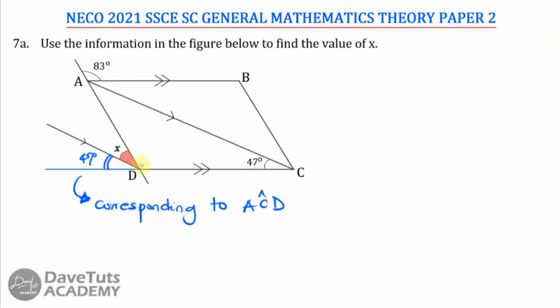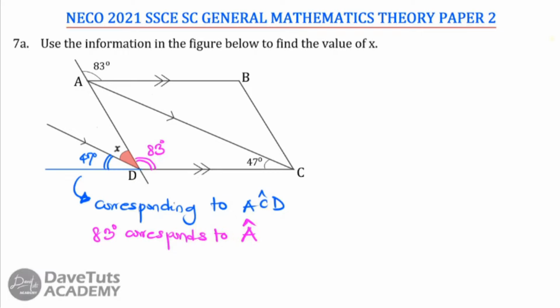Okay, if we're looking at this angle also, this is 83, okay, and it's also corresponding to this angle coming from up here to A to B. That 83 degrees is corresponding to the angle at A, okay.